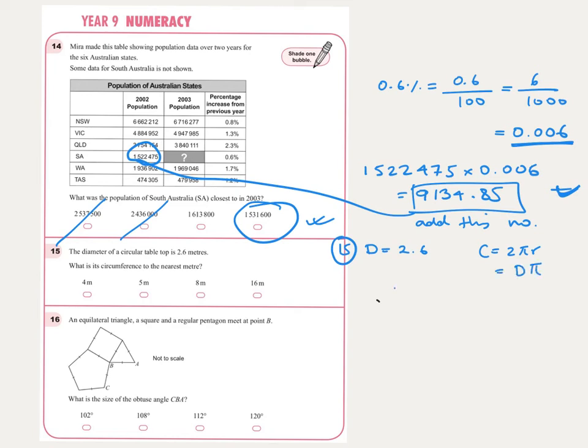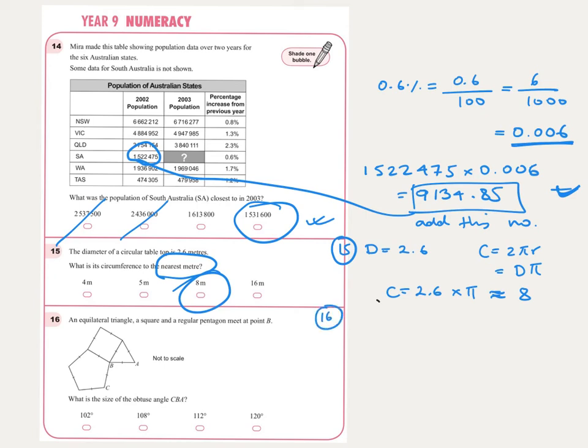In this case, diameter is 2.6 times pi, and using a calculator it's going to give you something close to 8. They said to the nearest meter, so approximately 8. So yep, it is this one here. Again, elimination can be used, so you can practice how you can actually use elimination.